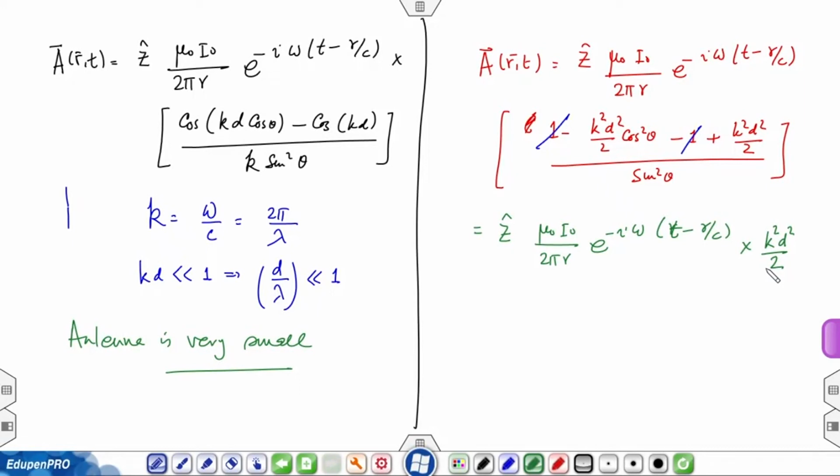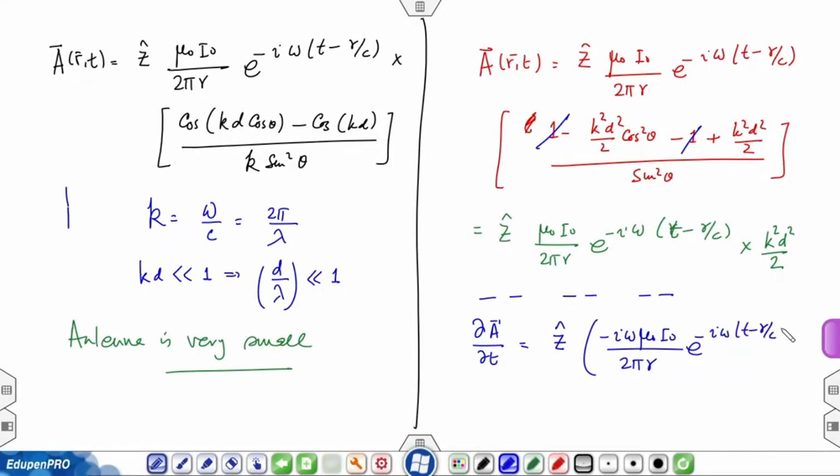The point that I was making about the E field, let me make it through dA/dt. If I were to calculate dA/dt, this would be equal to z minus i omega mu naught I naught over 2 pi r e raised to minus i omega (t minus r over c) times (k d) whole square divided by 2.